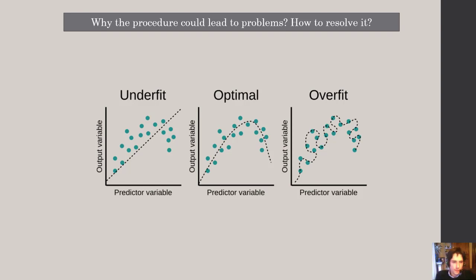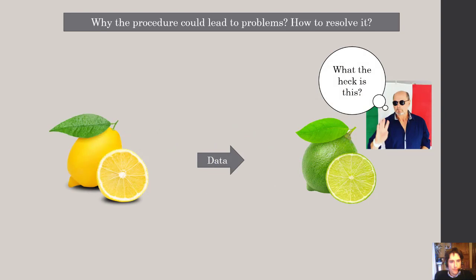So let's take an example. A lemon, a yellow lemon. We have this lemon in the input of the computer, and the computer analyzes the data and produces a green lemon.